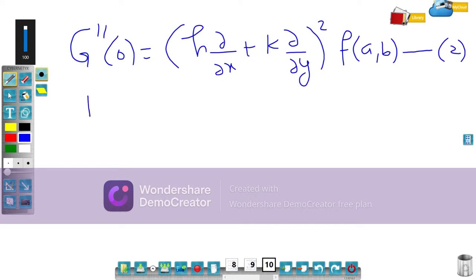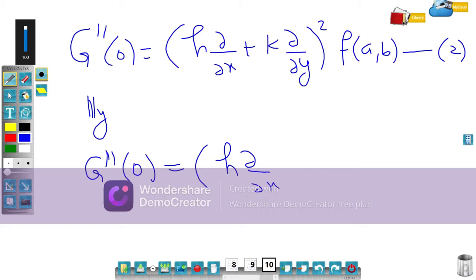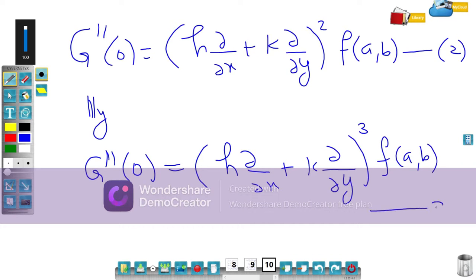And similarly, one can find out g triple dash at 0 is equal to (h ∂/∂x plus k ∂/∂y) cube f at a comma b. This is number 3.